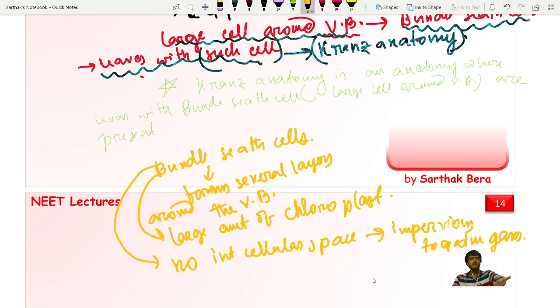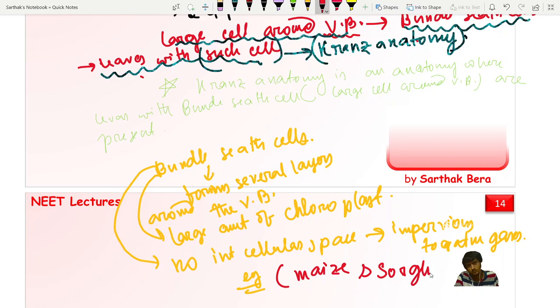No gas can enter from outside into the bundle sheath cells. Examples of such C4 plants, where Kranz anatomy is present, are maize and sorghum.